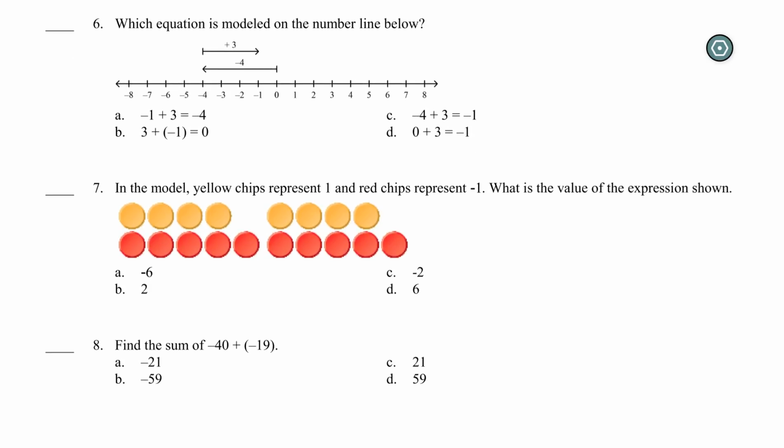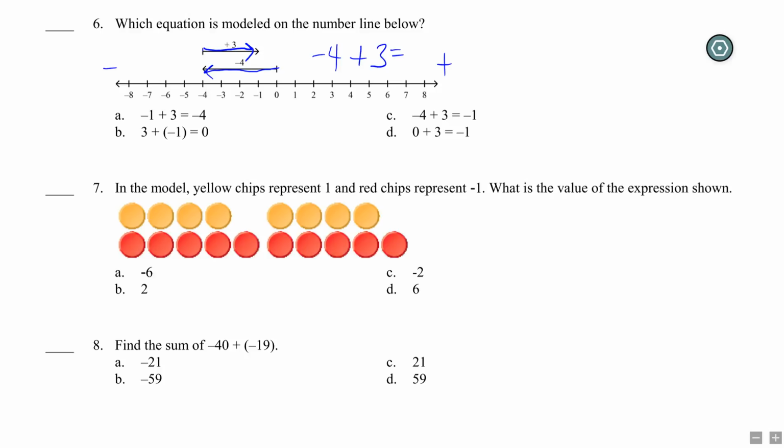Question 6, which equation is modeled on the number line below? And so remember, the one that's the closest to the number line is my first. So I have -4. Then my second line is my next number. So then there I have +3. I went a little too far, but you get the idea. And then, because I'm going in the positive direction, it's going to be -4 plus 3.